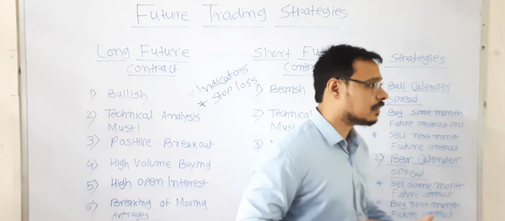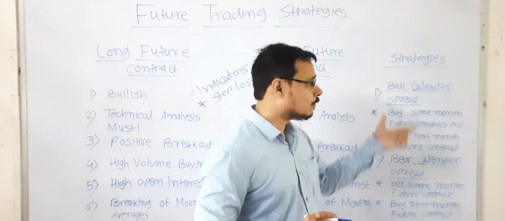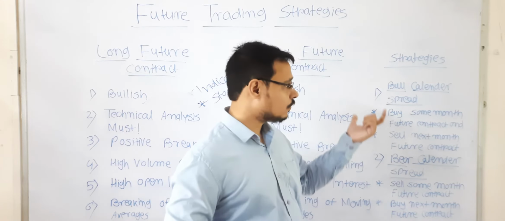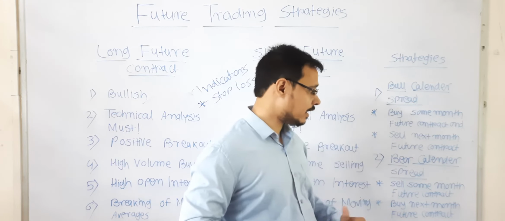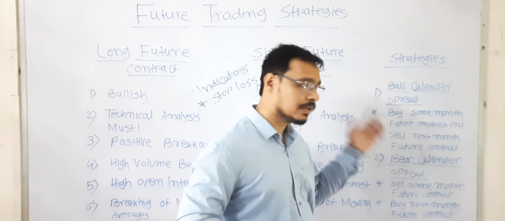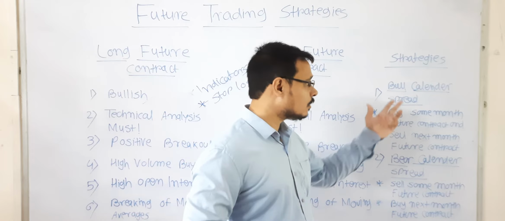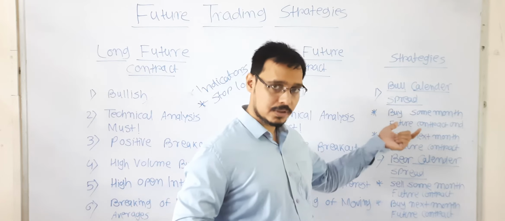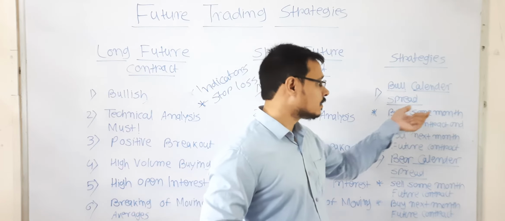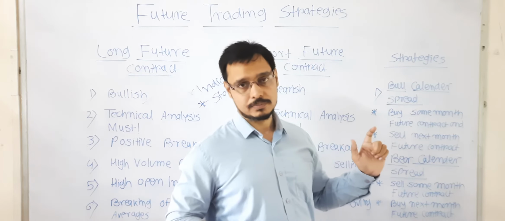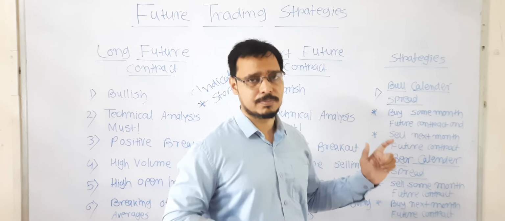Then there are two strategies involved in future trading. First one is the bull calendar spread, and second one is the bear calendar spread. These are very simple strategies. In the bull calendar spread, as the name suggests, you have to buy the same month future contract, because this is September month.